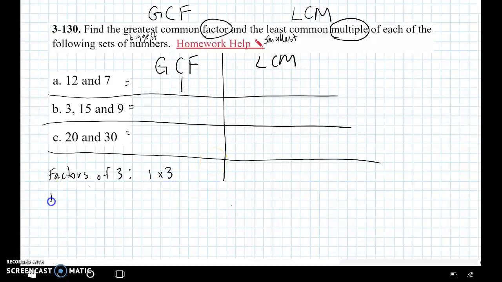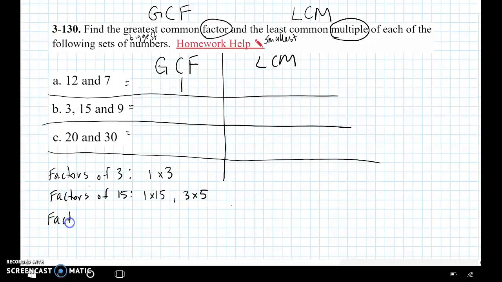Nope. All right, what about the factors of 15? Well, I like starting with 1 times 15. 2 times nothing, nope. 3 times 5 makes 15. 4 times anything, nope. Looks like those are the factors of 15: 1, 15, 3, and 5.